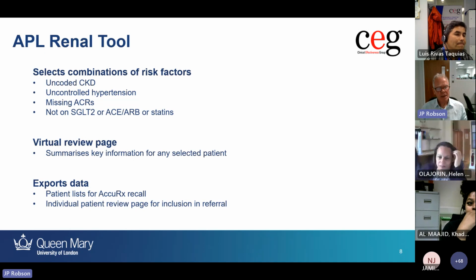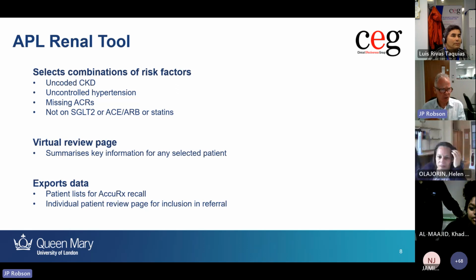So it picks up anybody who has ever had an EGFR of less than 60 recorded, or has an increased protein ACR in their urine. As such, some of these people, this has been put on perhaps erroneously or just as a one-off, and they don't have renal disease. So it's important to understand that you will find some of these people, and the tool will enable you to quickly identify and screen those people, and if necessary, rule them out.